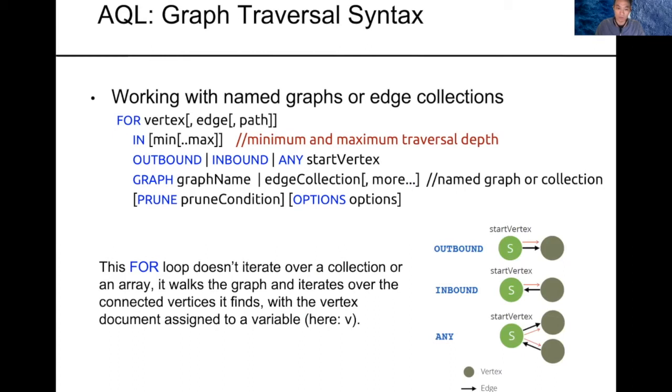The traversal can work on a graph or edge collections. And finally, we are doing some pruning. This FOR loop doesn't iterate over a collection or an array. It works on the graph and iterates over the connected vertices and edges, with the vertex document assigned to a variable.